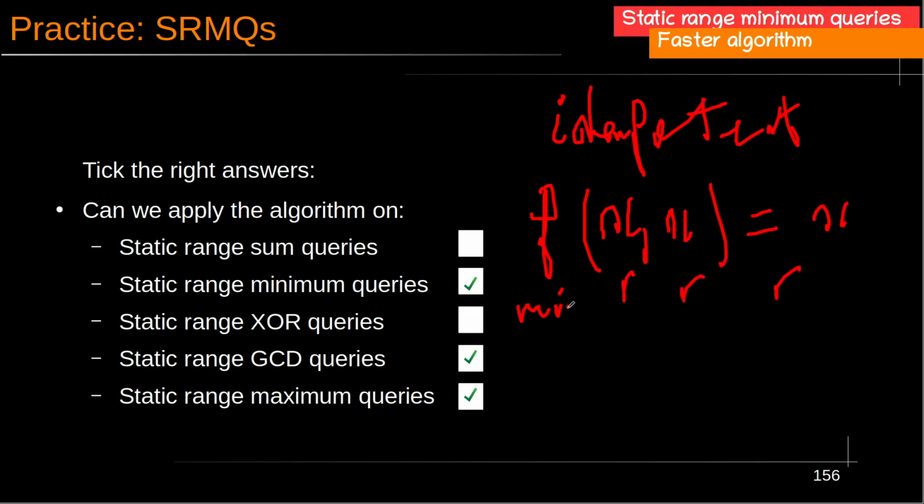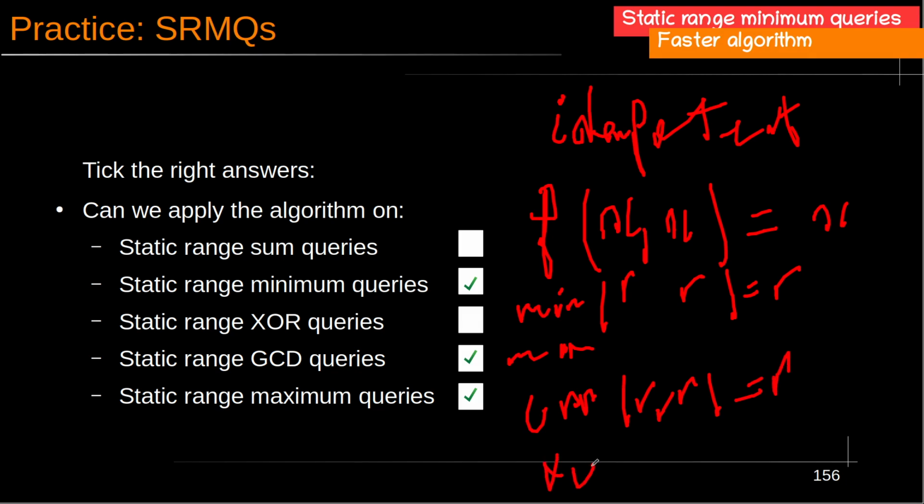Same for max, 5 gives me 5. The GCD of 5 gives 5. Okay, but the XOR of 5 with 5 is equal to 0. It's not 5. So the XOR cannot be applied here.